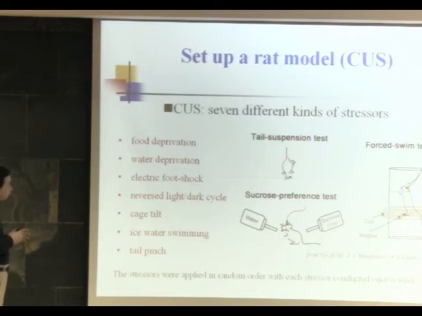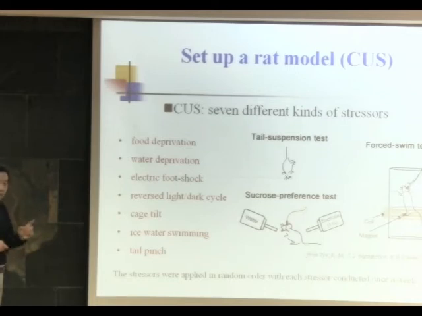Now I would like to simply introduce how to set up the animal model. We call this rat model the CUS animal model, meaning chronic unpredictable stress animal model. The whole process of setting up the animal model takes 3 weeks.